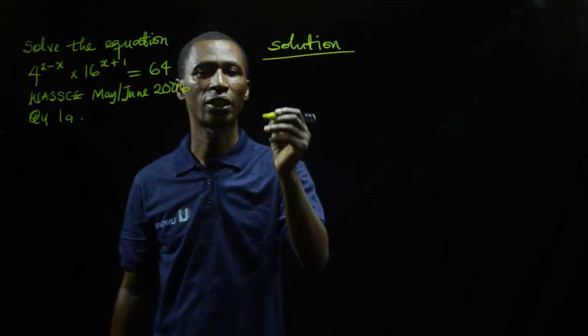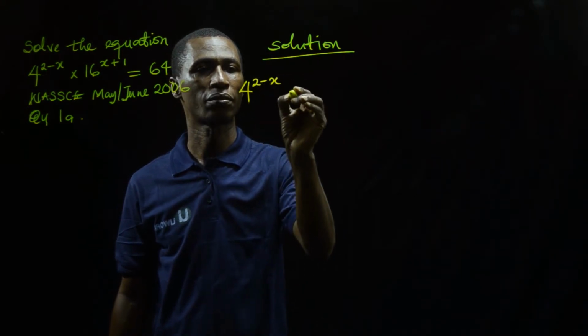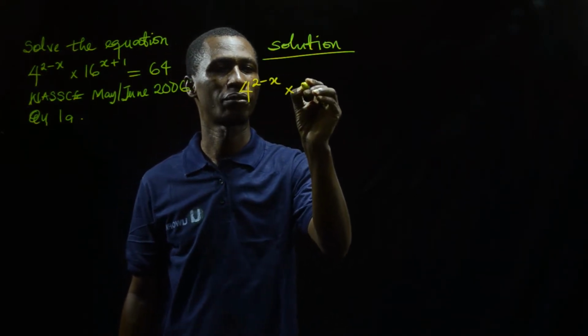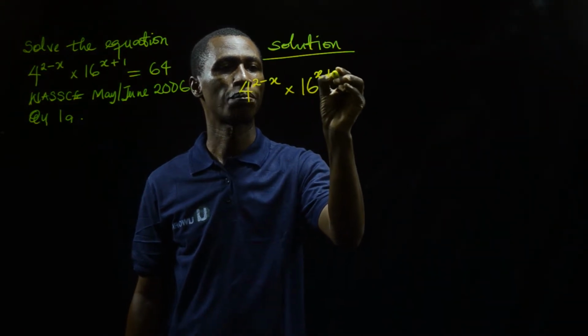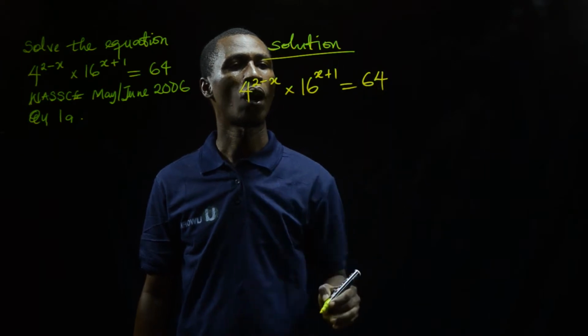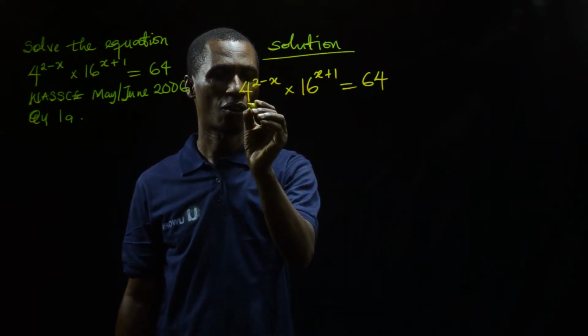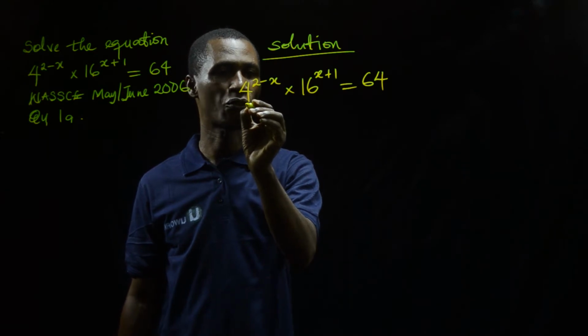So I have 4 to the power 2 minus x, times 16 to the power x plus 1, equals 64. Now, one fascinating thing is that I realized the base must be 4, because I've got 4 here.